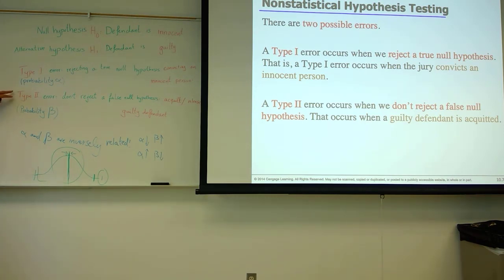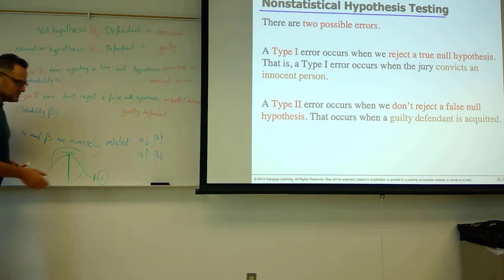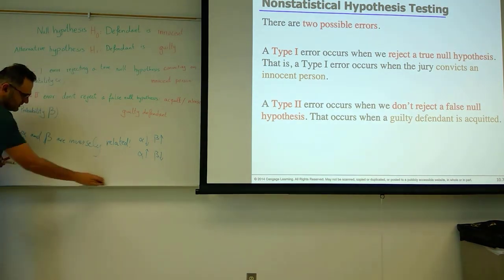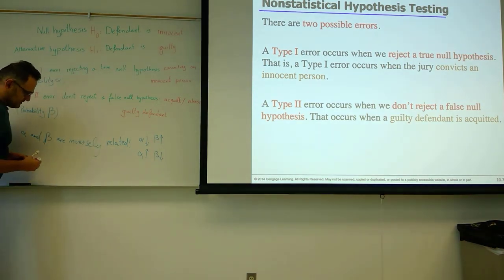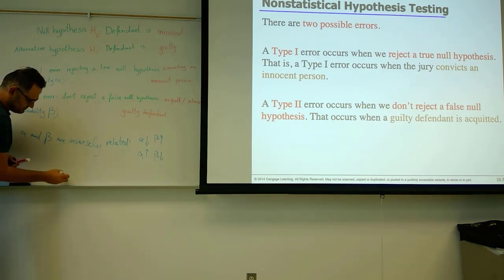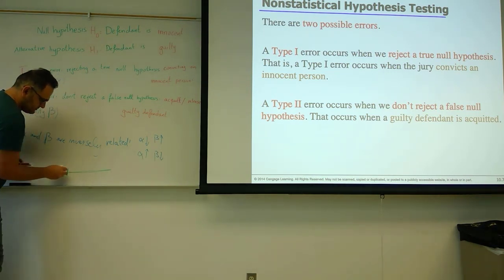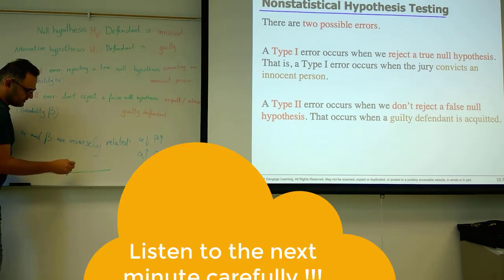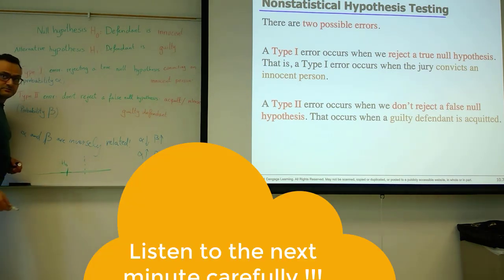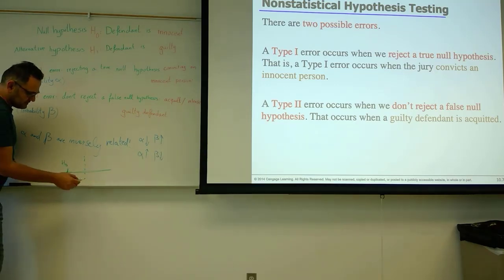So, the type 2 error is the other way around. It's when our null hypothesis is wrong. So let's assume again that our null hypothesis is that this value is the mean of the population. This is our H0, right? But in reality, the mean of the population is this value, whatever that is.